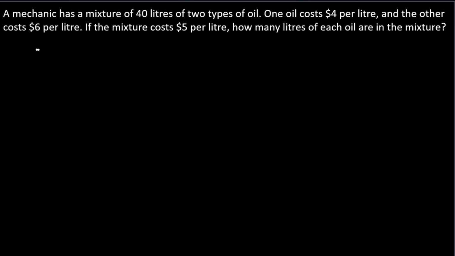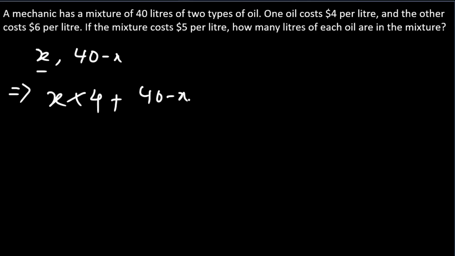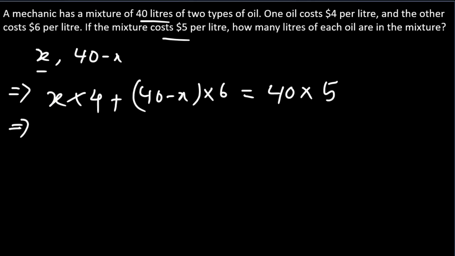First consider the first type of oil is X and the other will be 40 minus X. So here we need to set up the equation this way: X times $4 plus 40 minus X times 6 equals the mixture price of $5, which is 40 times $5. Now we need to find the value of X.